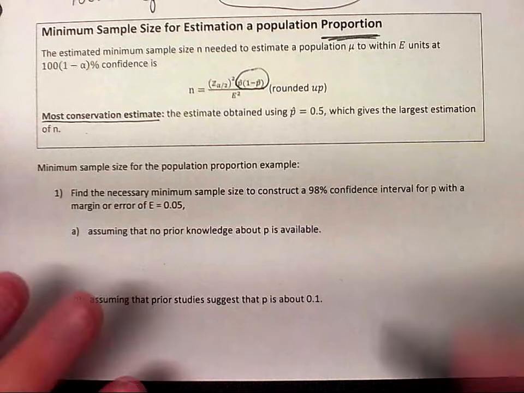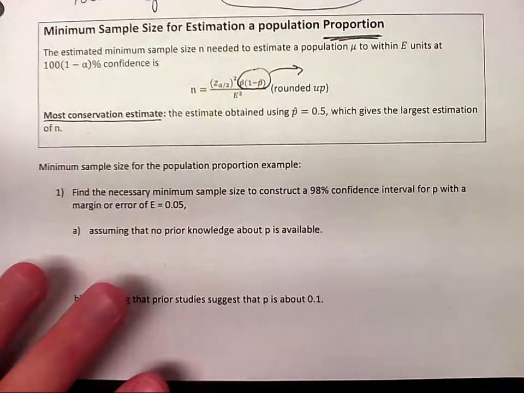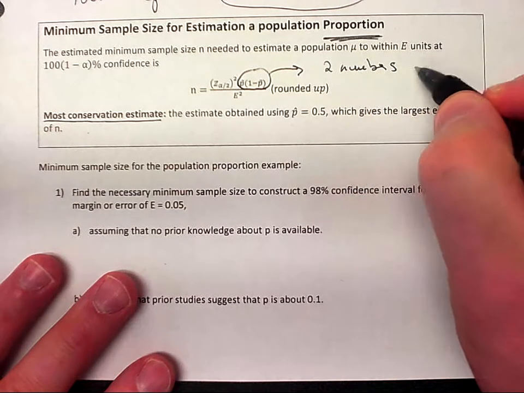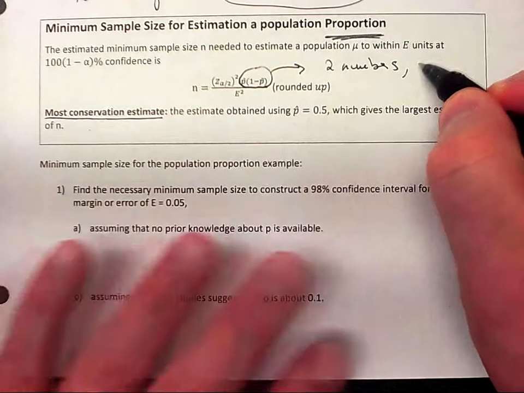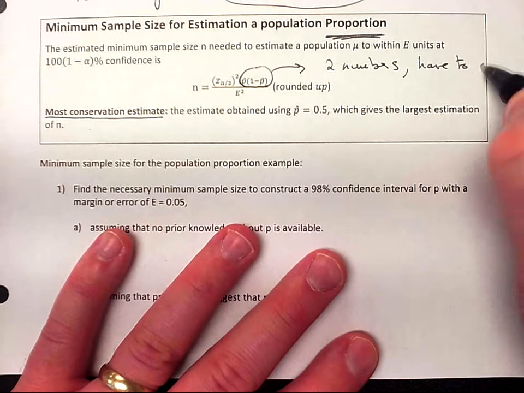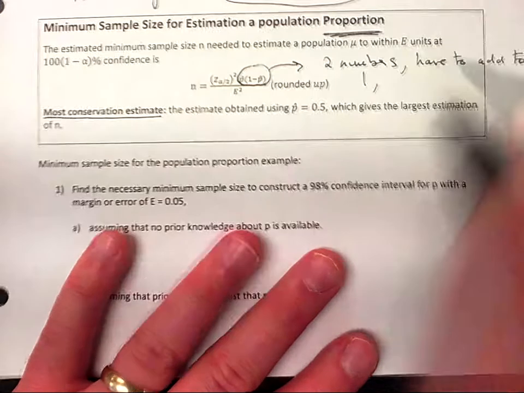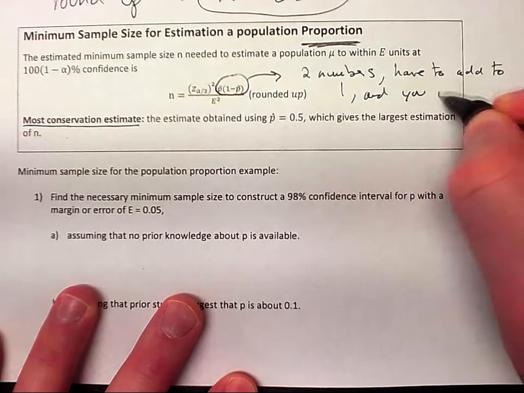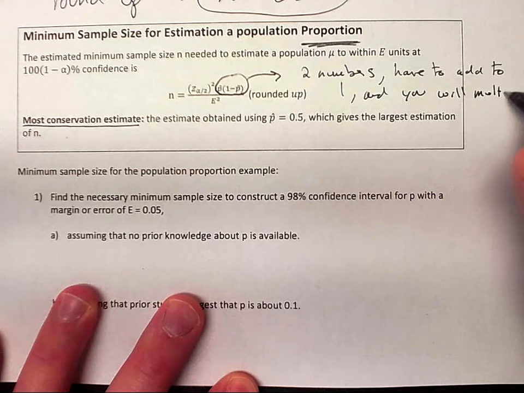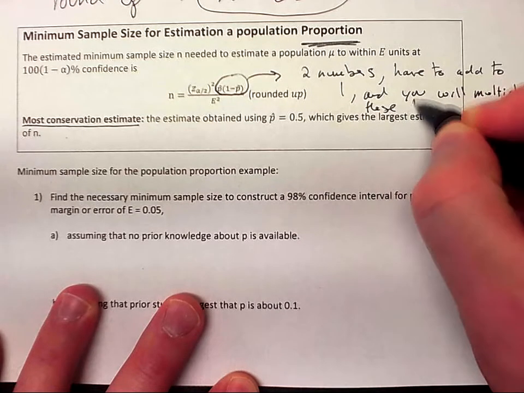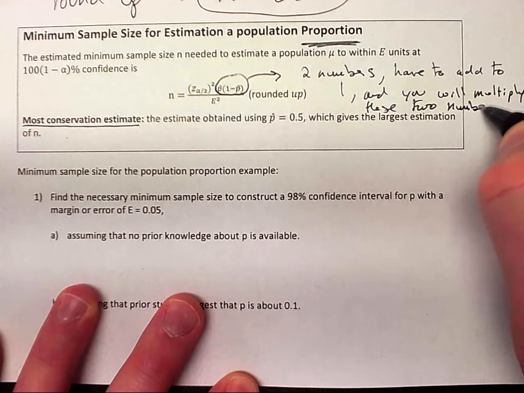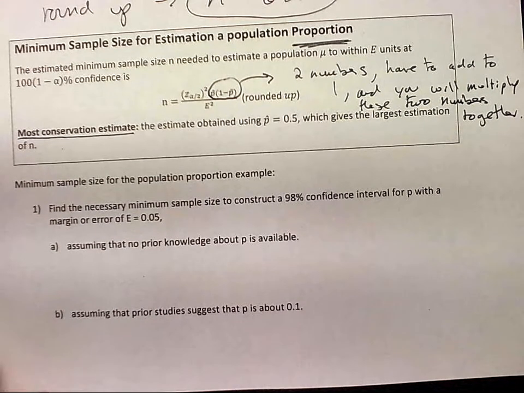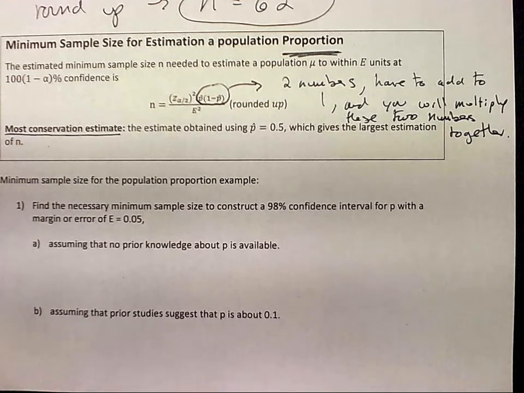Another way of thinking about that here is this, and this is a little bit of a mathematical aside. If you have two numbers, and these two numbers have to add up to 1, and you're going to multiply these two numbers together, which two numbers are going to give you the largest possible value?